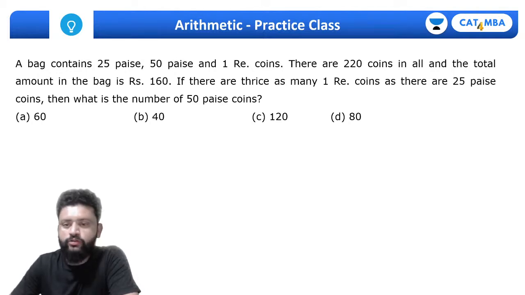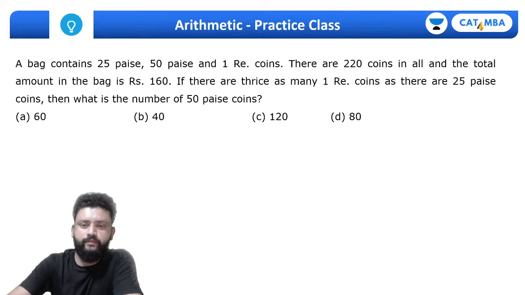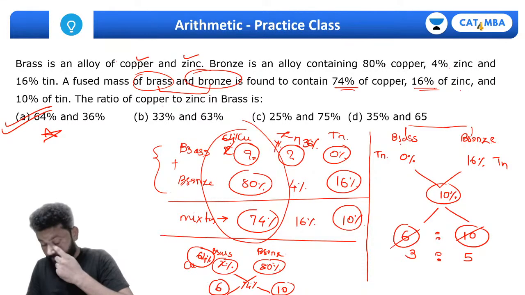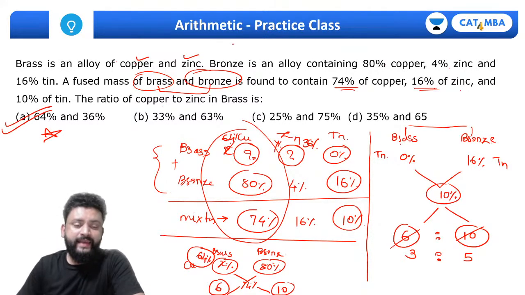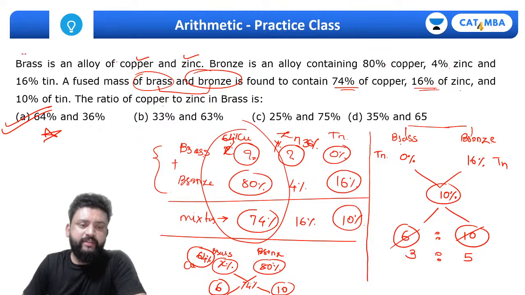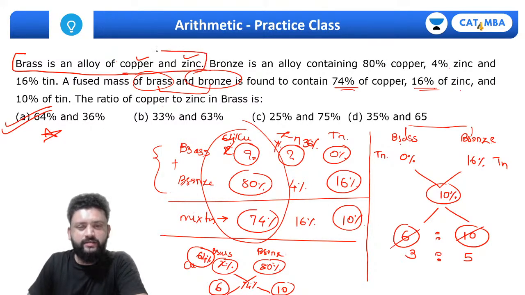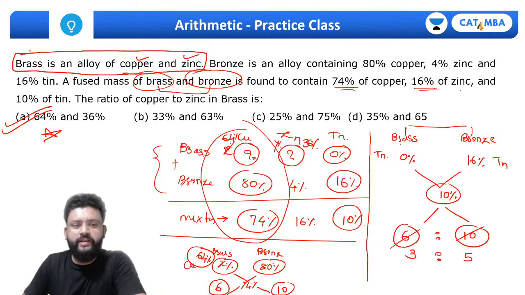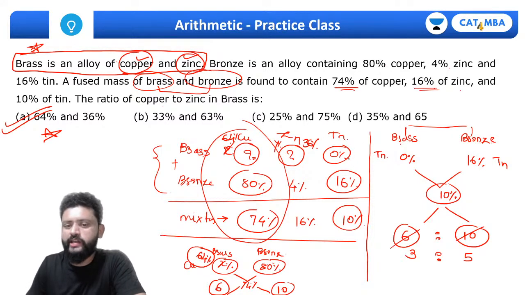Okay, you have a doubt in the last one? Let me quickly tell you. Brass is given in the first statement. Brass is an alloy of copper and zinc. So if it is an alloy of copper and zinc, that surely means there is no tin in that alloy.